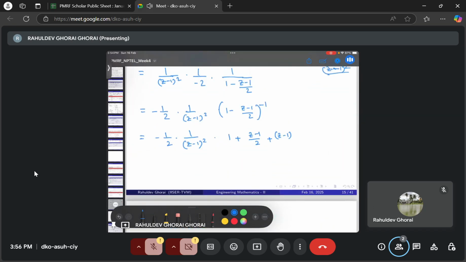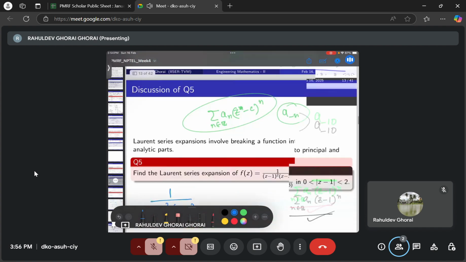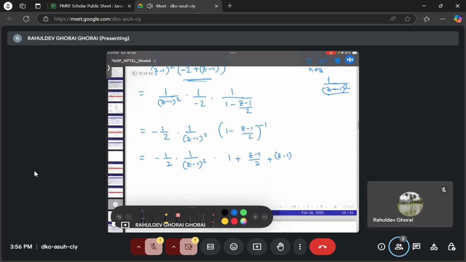So if you have 1 minus a whole to the power minus 1, that will be a geometric series, and this one you can write because |z minus 1| over 2 is less than 1, as is given.